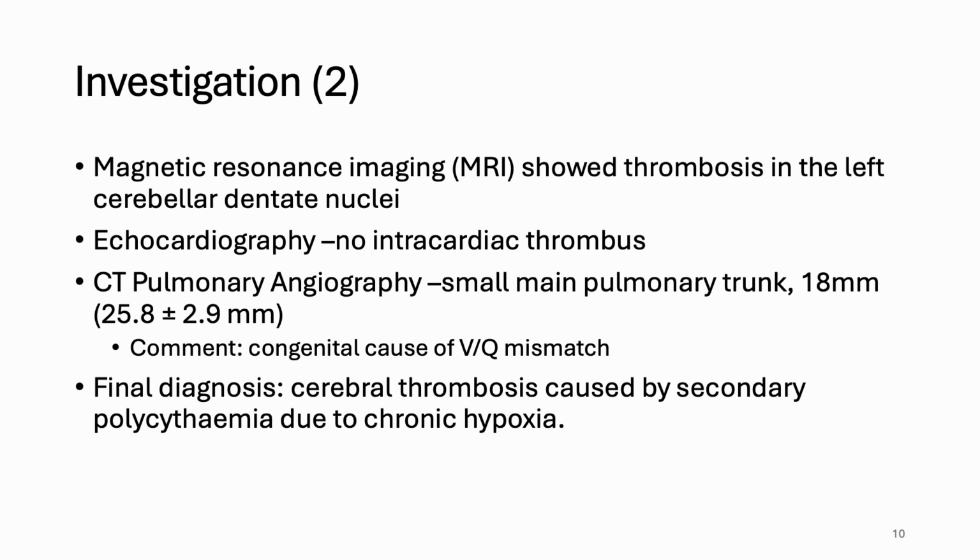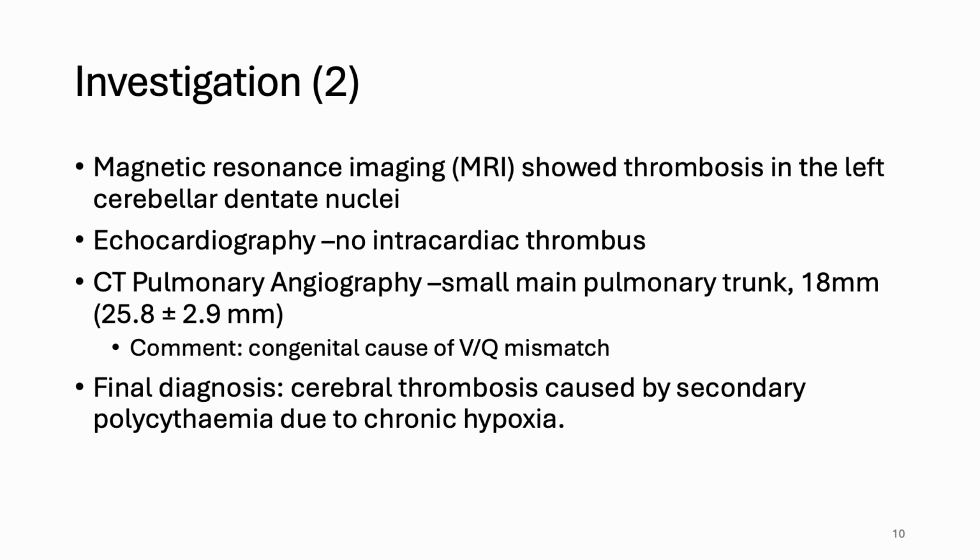angiography showed a small pulmonary trunk of 18 mm compared to 25.8 mm of the normal value in the author's populations. And the cause of the small pulmonary trunk could be congenital, and it has caused a severe VQ mismatch.